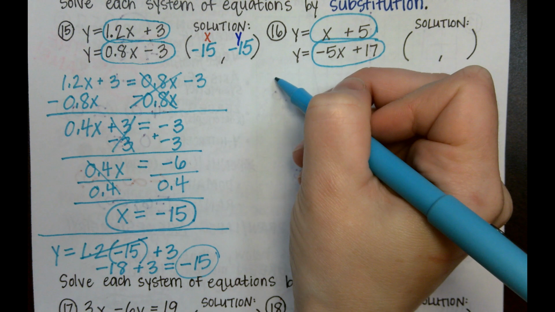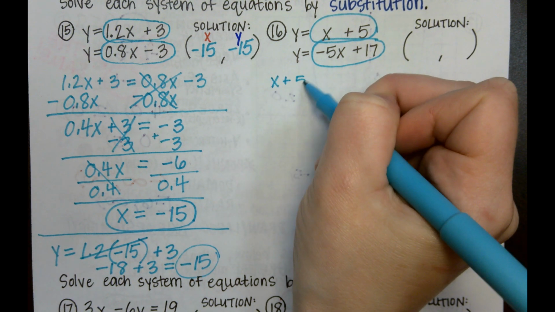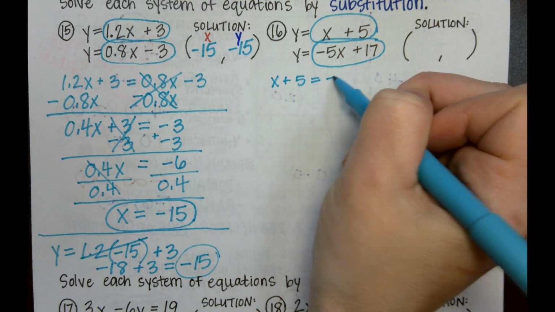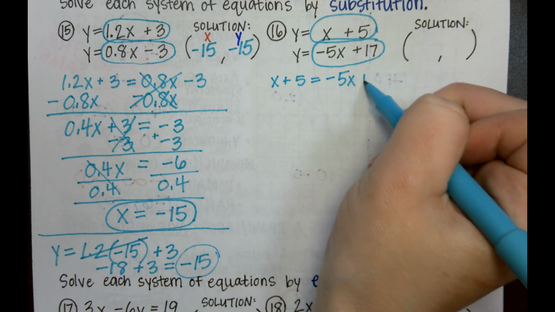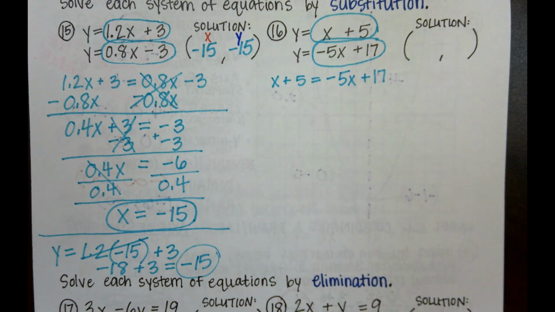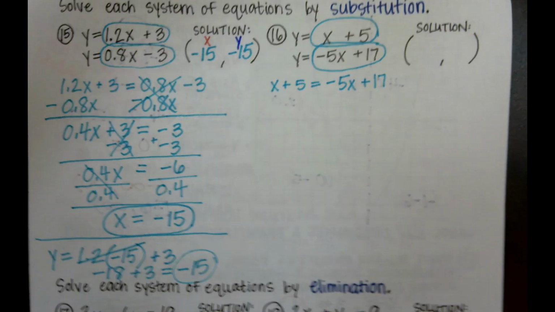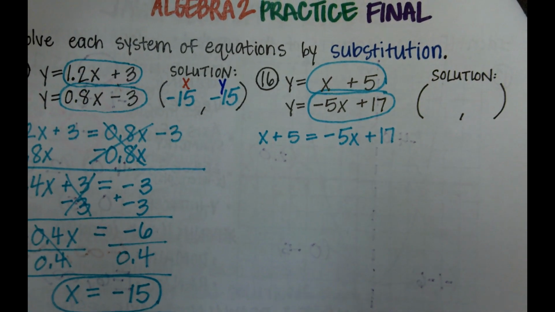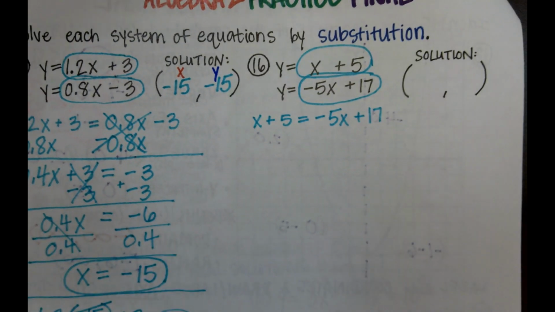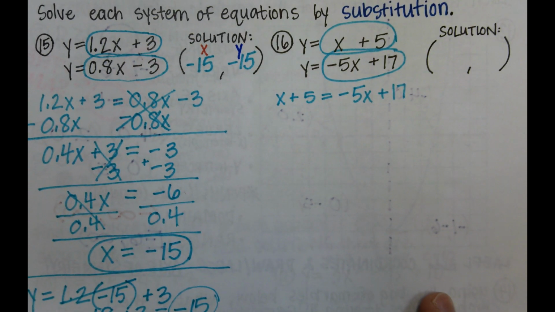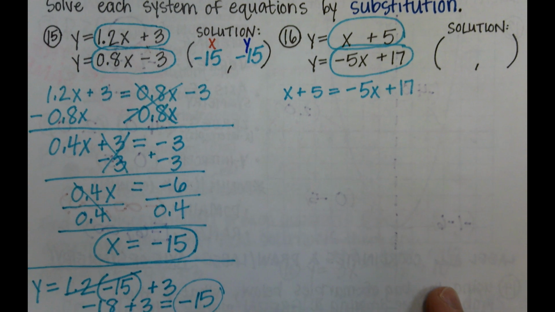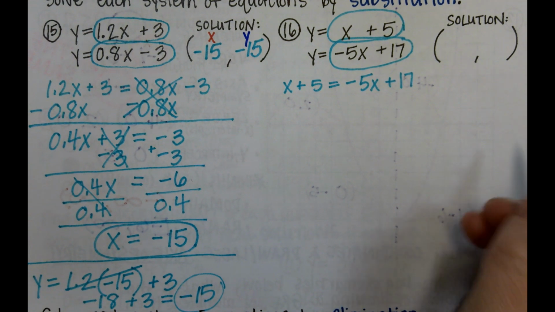x plus 5 equals negative 5x plus 17. Okay, what should we do from here?